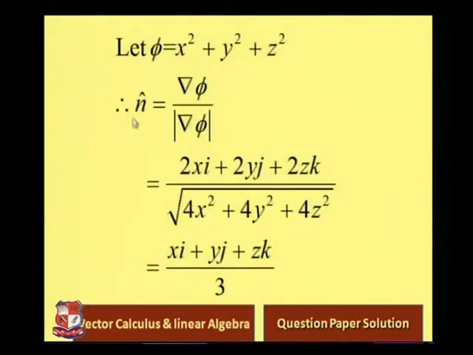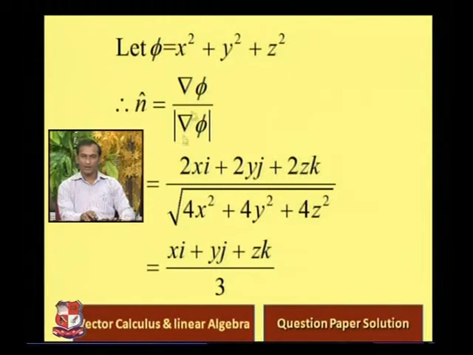So for n cap, let phi be the given surface x square plus y square plus z square. Now nabla phi is 2xi plus 2yj plus 2zk, and its magnitude is the square root of 4x square plus 4y square plus 4z square. Now 4 is common, giving x square plus y square plus z square.